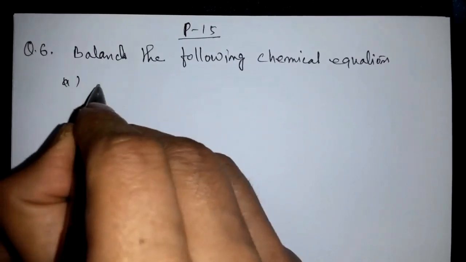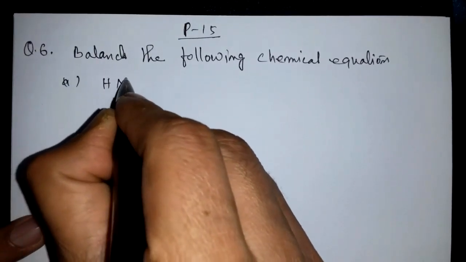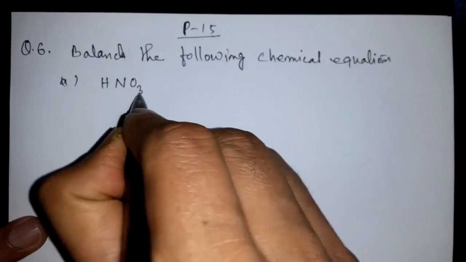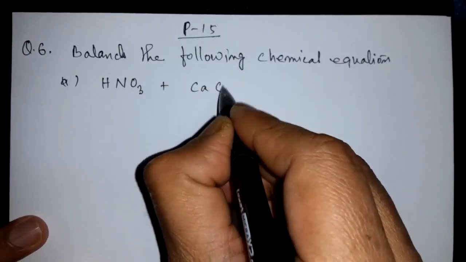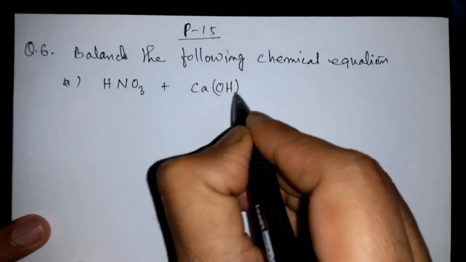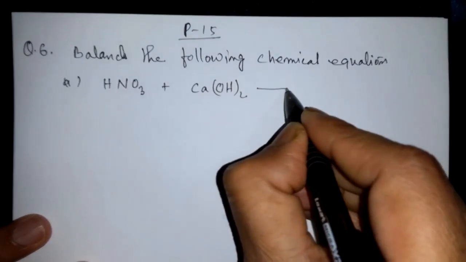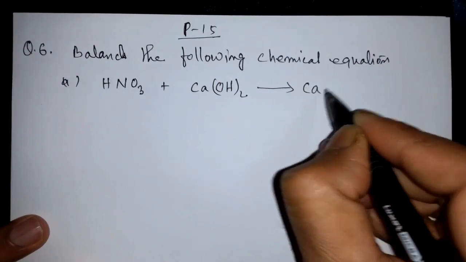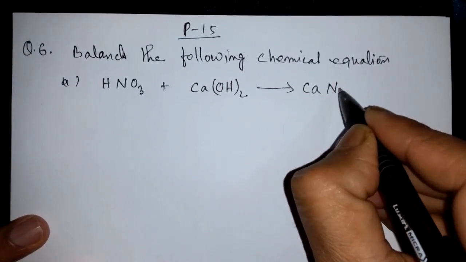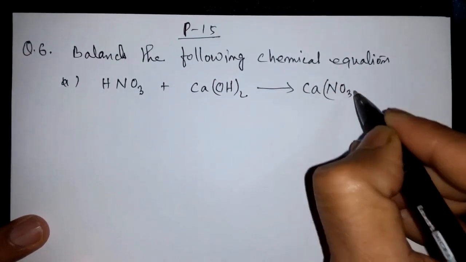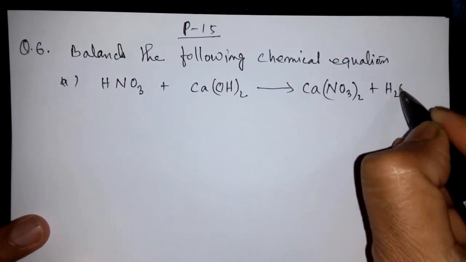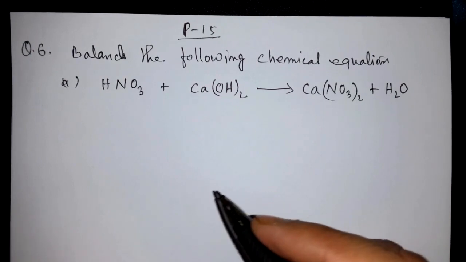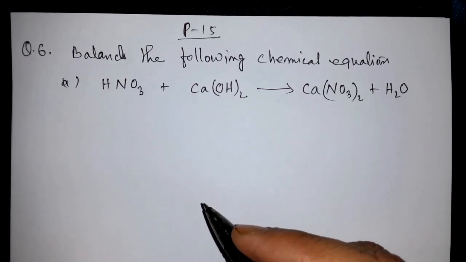A: HNO3 plus Ca(OH)2 gives Ca(NO3)2 plus H2O. Now suppose any equation, if it is very simple, then without following any rule, quickly you can balance.